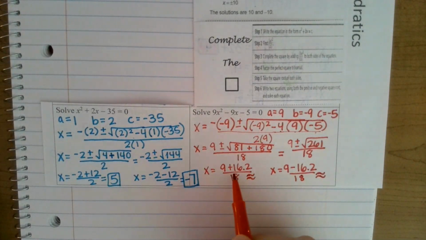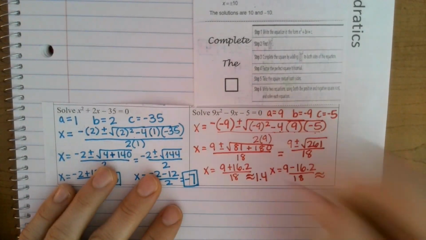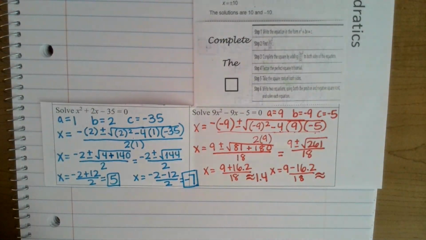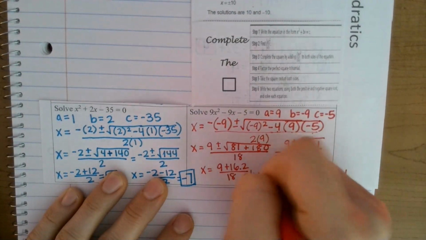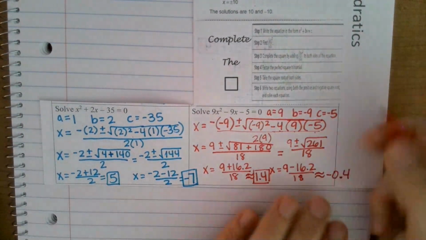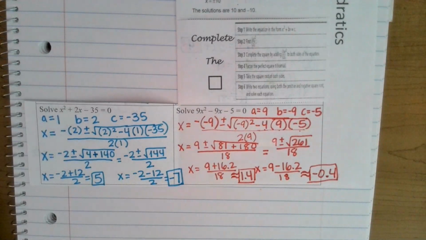So what would this first one be? 1.4. And then 9 minus 16.2 gives negative 0.4. So those would be an approximation of our x-intercepts. It's a rounded value.